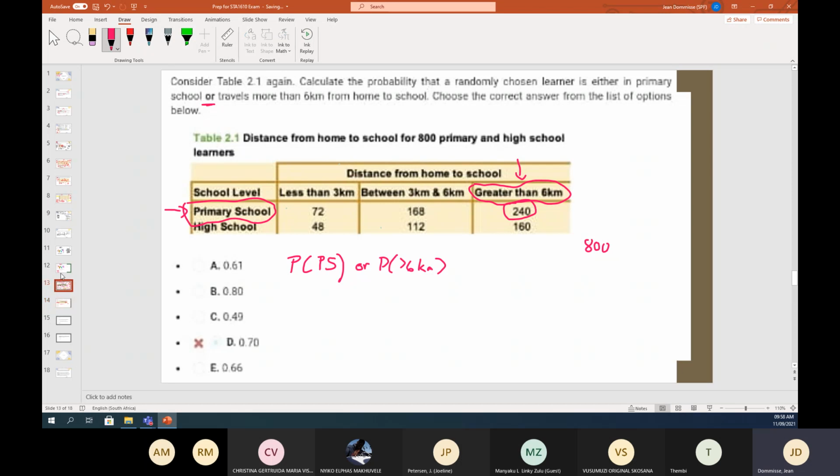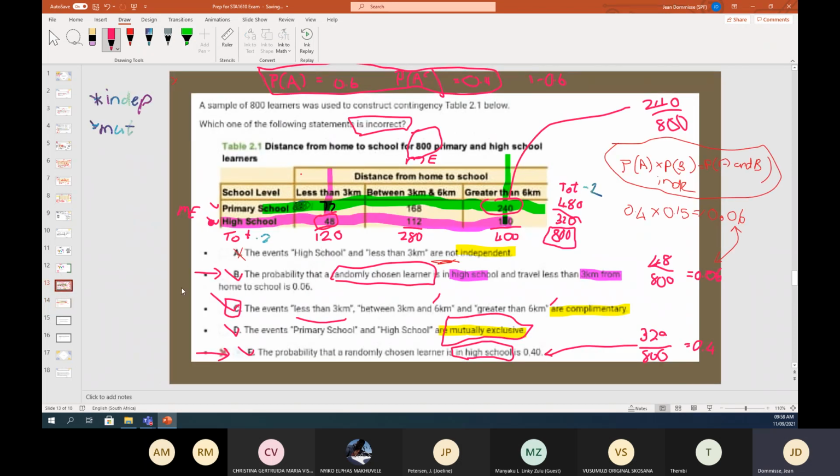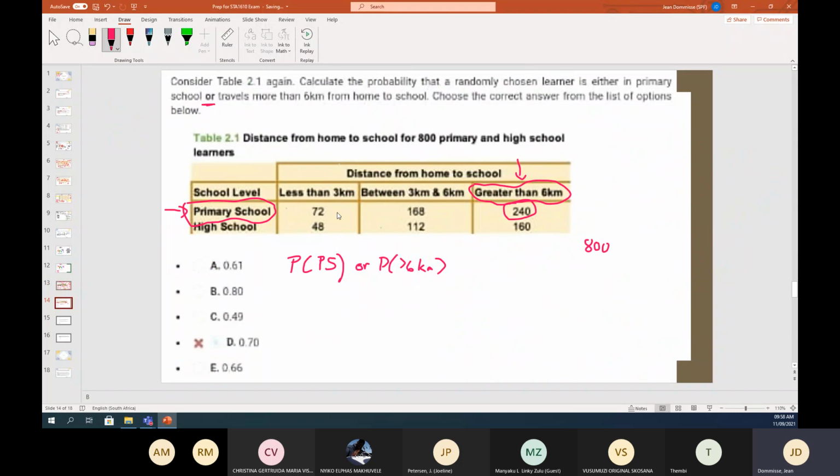Let's just quickly, again, I hate this because now you needed to add all of that again to get the 480. You needed to add all of that to get to the 400. So what's the probability that the learner is in primary school?